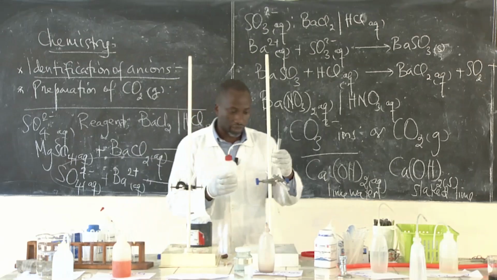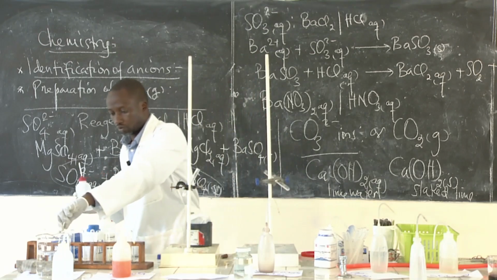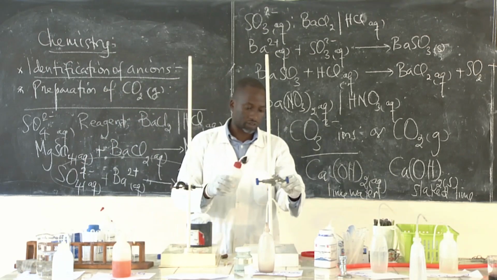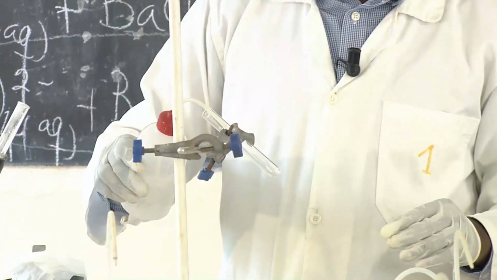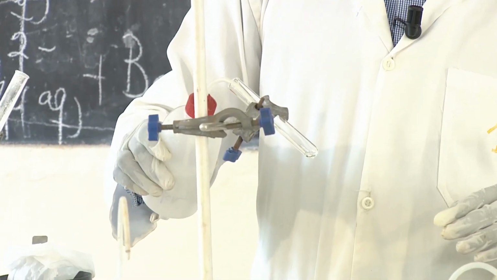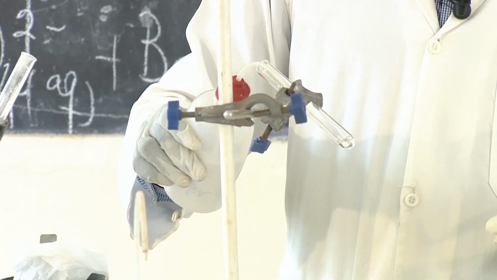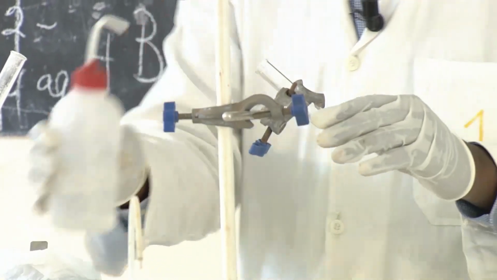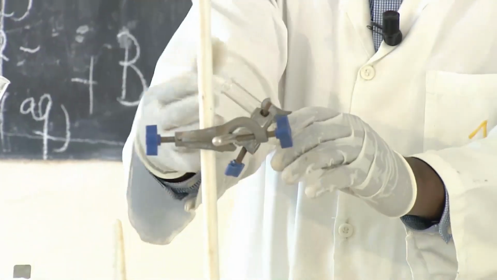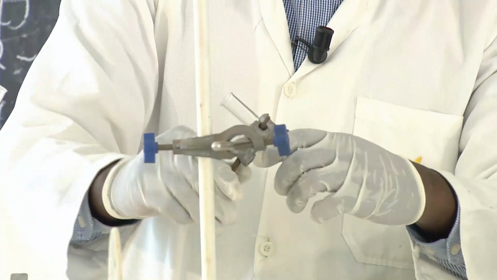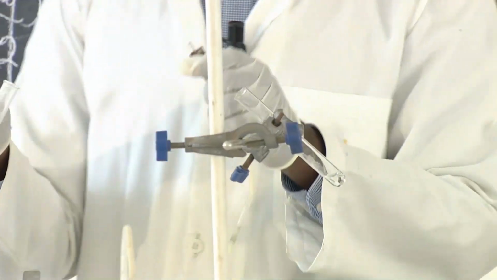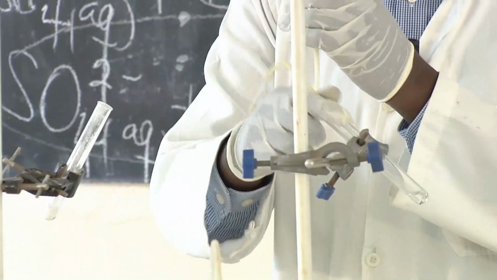I've mentioned the difference between the lime water. So I already have the solution in the test tube here. I can just add a little lime water solution. That could be enough. And then what we do is pass the gas into this lime water.